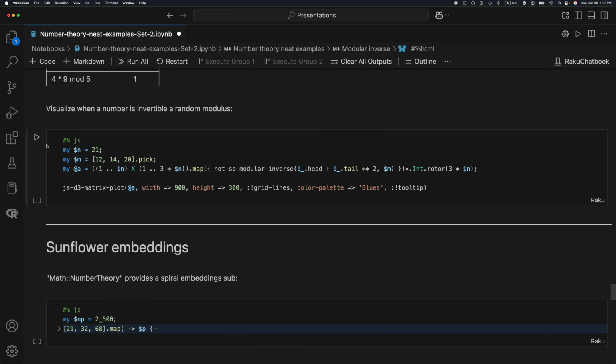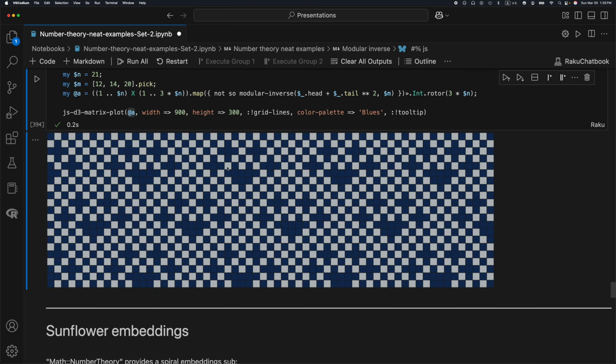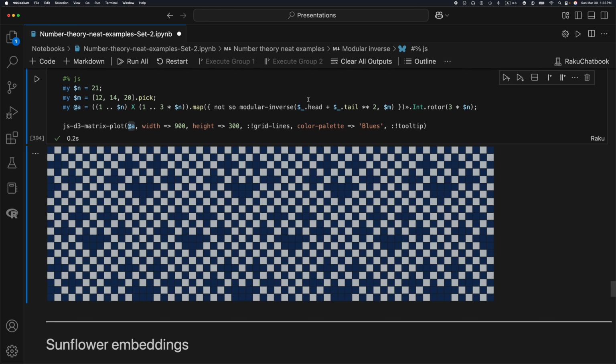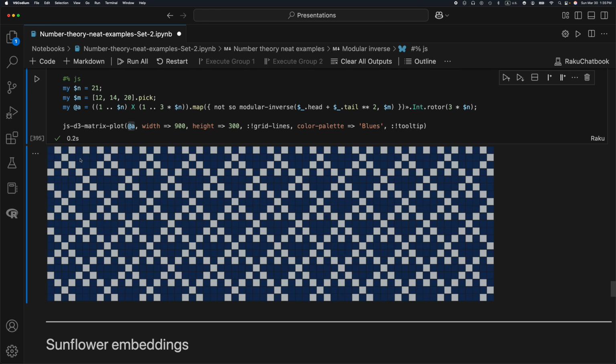All right, so let's actually visualize some patterns based on the existence of the modular inverse. Here in blue, the points correspond to the points which do not have a modular inverse. I have picked the modulus, one of these: 12, 14, or 20.